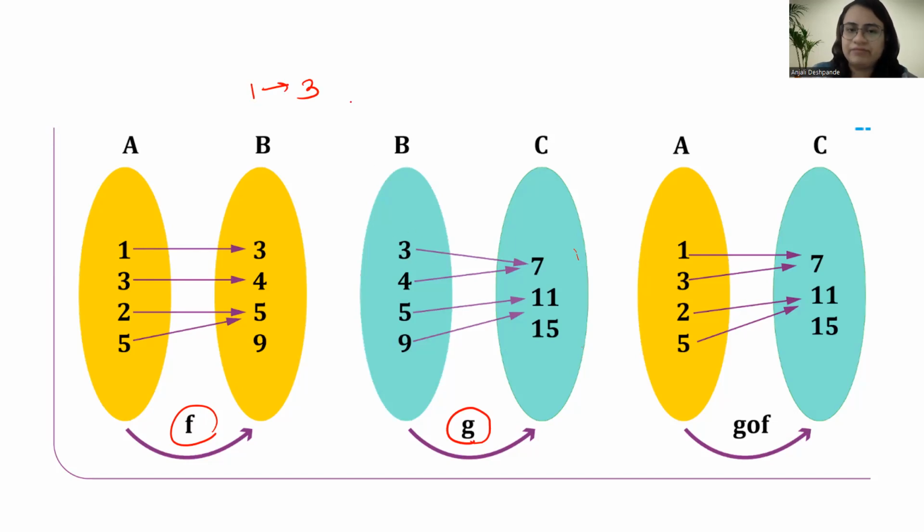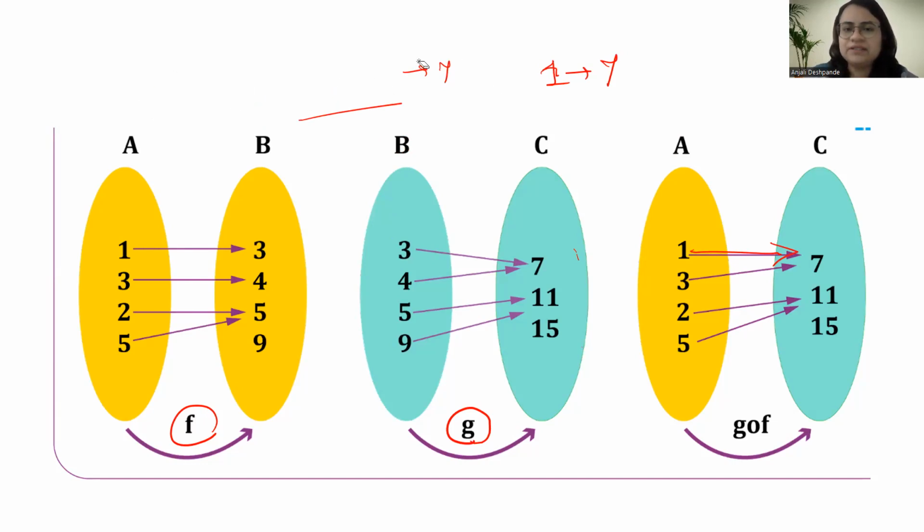Then in g, I will find where this 3 is mapped. In g, 3 is mapped to 7. So if I combine these, 1 is mapped to 7. The same mapping will come in the composition.